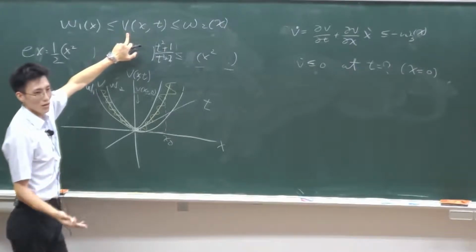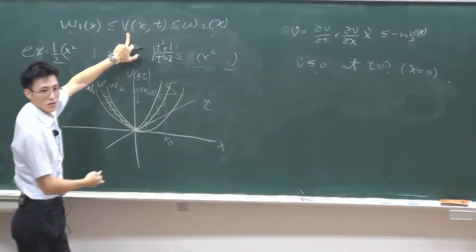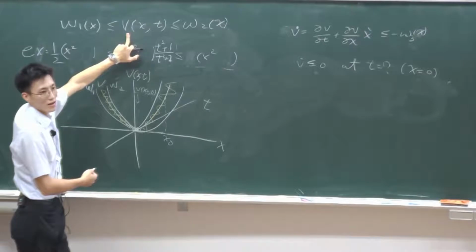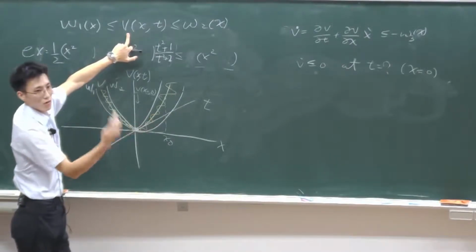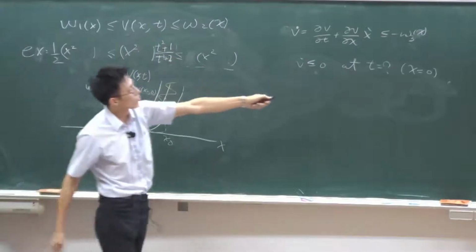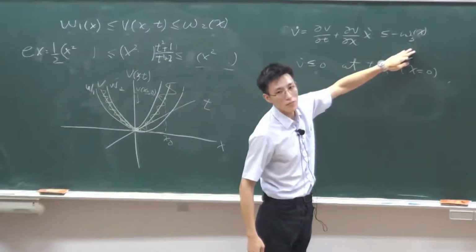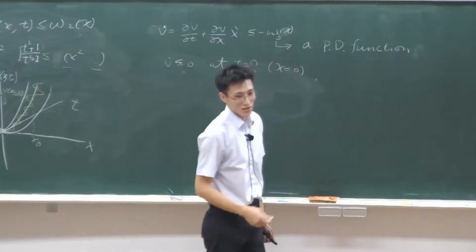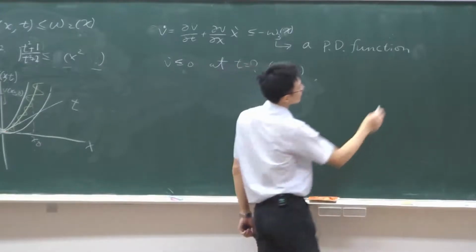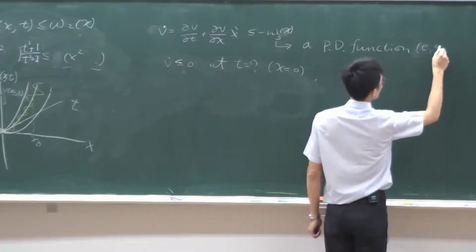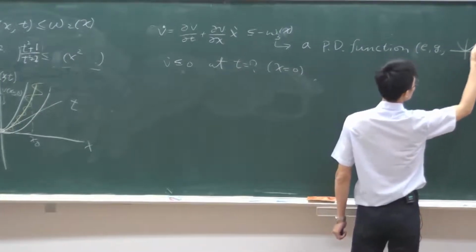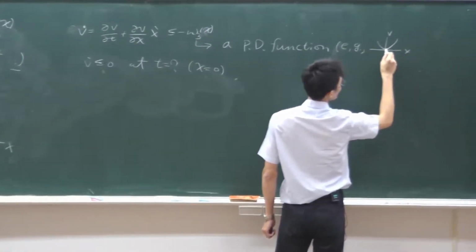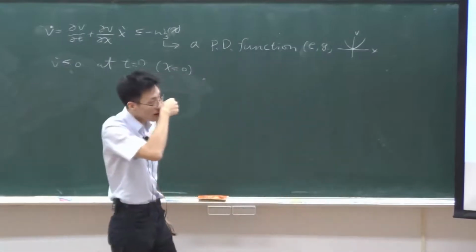Then you know x must be at 0, right? That's why it's asymptotically stable uniformly, because the decrease rate doesn't depend on time. Okay? PD, remember, zero at 0.